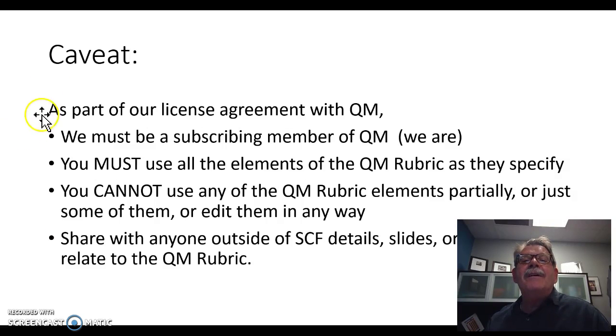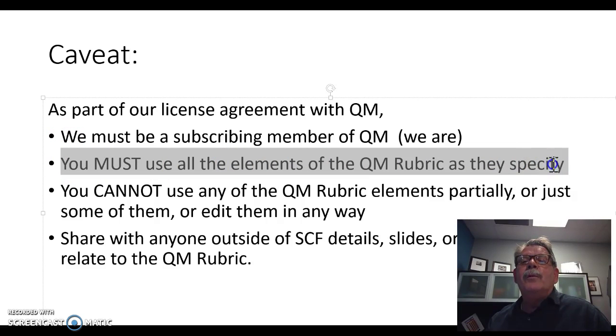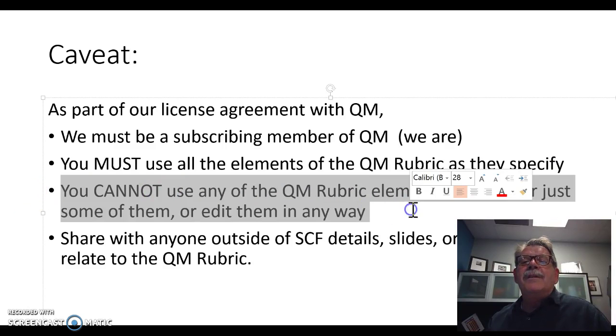A couple of caveats. As part of our license agreement with QM, and they're fairly strict, actually more than fairly strict, we must be a subscribing member, which we are. We have to use all of the elements in the QM rubric as is. You can't use any of the elements partially or just some of them or change the scoring.